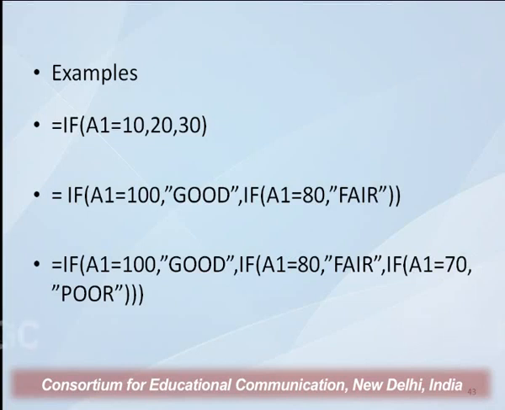Another example here is the use of text within the IF condition. We are writing that if the value in the cell A1 is equal to 100, then Good is written, otherwise if it is 80, then Fair is written. What you see in the second example is a use of nested IF statements. A nested IF statement means you have more than two values specified when giving a condition.